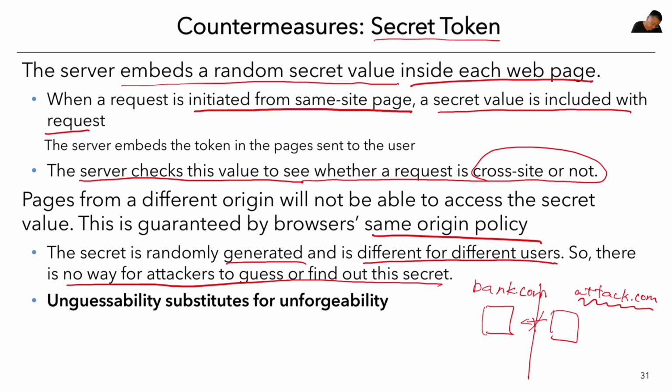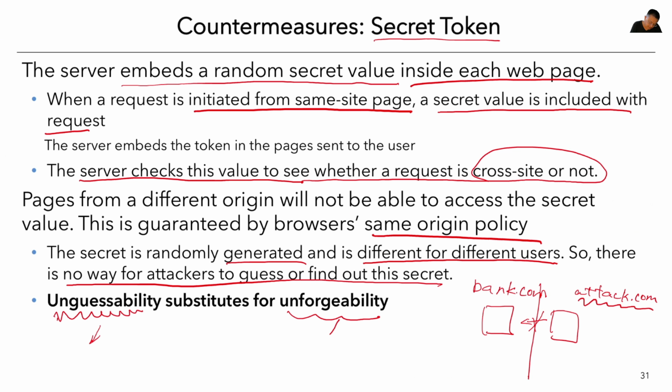Here it's very important that we substitute unguessability for unforgeability. These are actually two different concepts, right? The first one means that the attacker cannot guess the number or the secret.